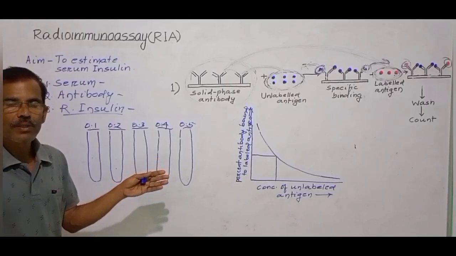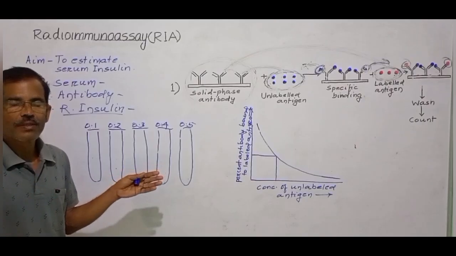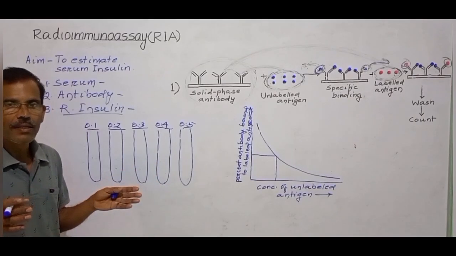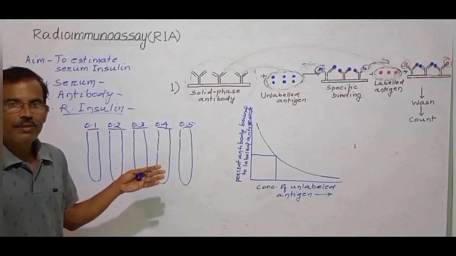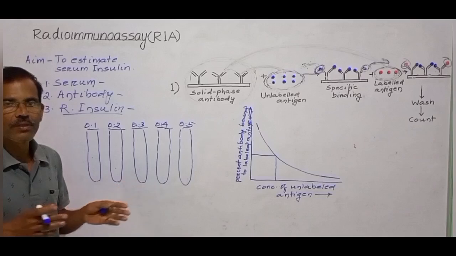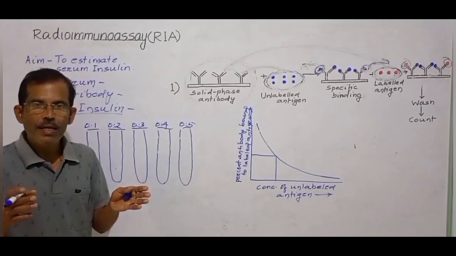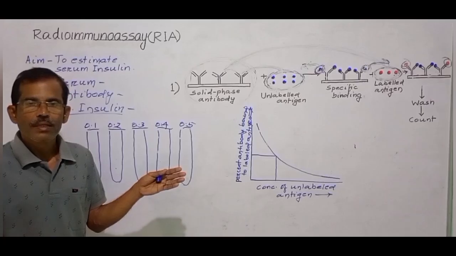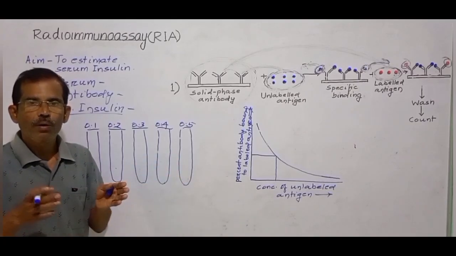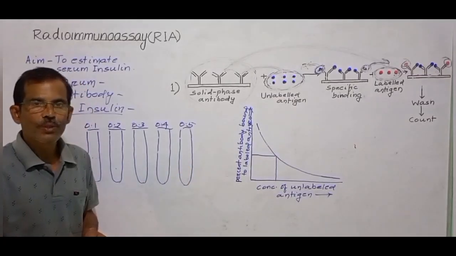As a result of this competition, some of the radiolabeled antigens that are attached to antibodies will be displaced and the exposed binding sites will now be occupied by the unlabeled antigens. The relative amount of radiolabeled and unlabeled antigens that are attached to antibody is a function of the relative amount in the series of test tubes.